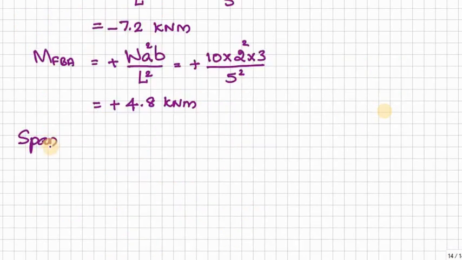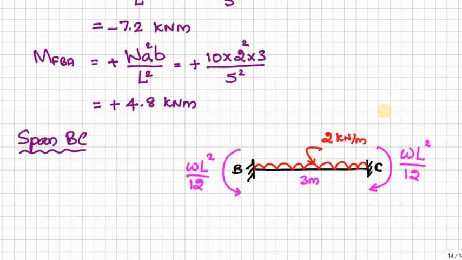Next, consider span BC. In BC we have a UDL of 2 kilonewton per meter. Therefore, both ends have the same moment but with opposite sense. That is, at support B we have WL squared by 12 anti-clockwise moment, and at support C we have WL squared by 12 clockwise moment.